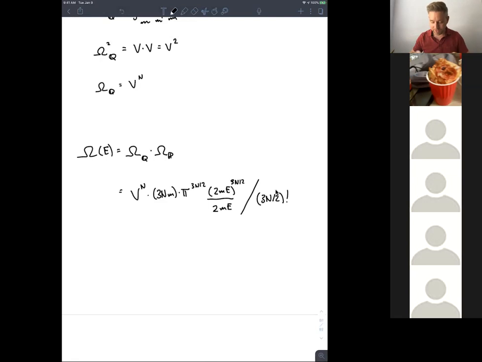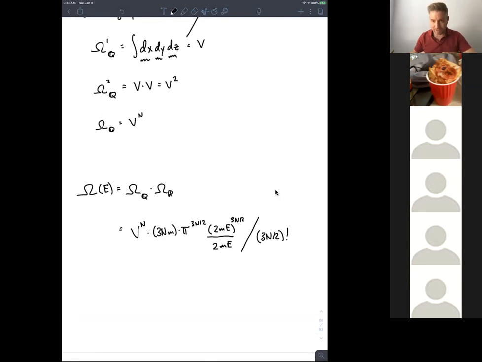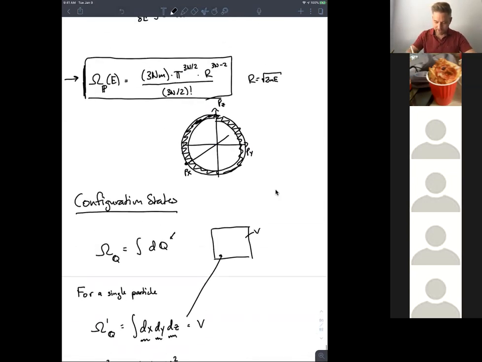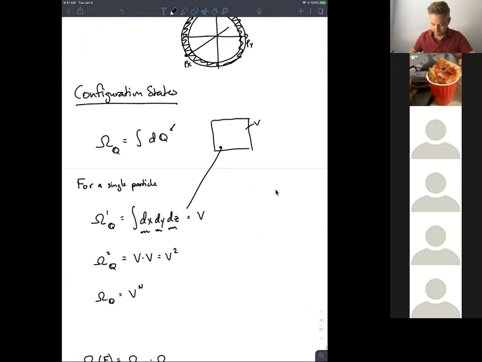Now what I'm doing to get this from the statement that I gave you earlier is substituting in that r is equal to the square root of 2mE. I'm taking this minus 2 in the exponent here, and that gives me a factor of 1 over 2mE.